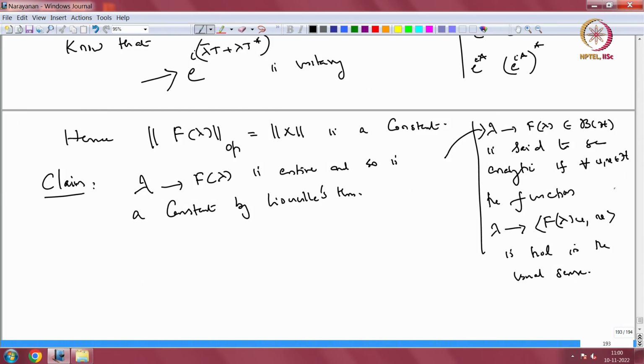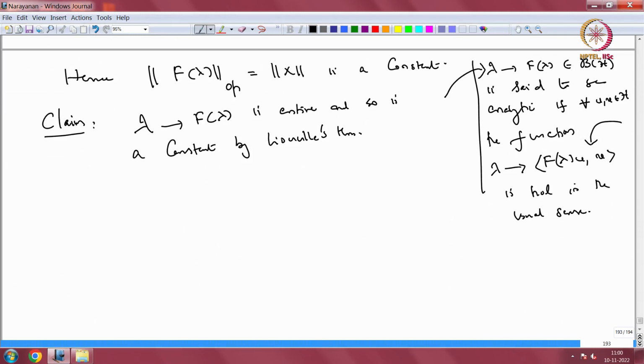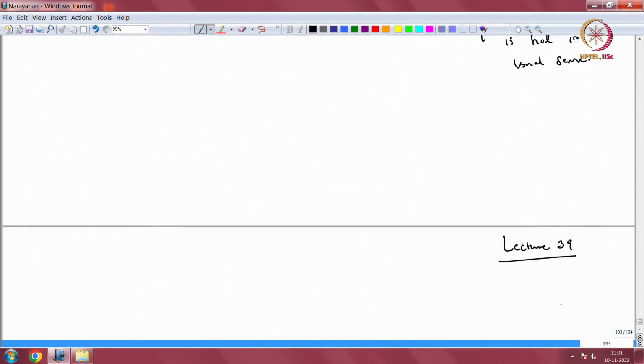You form, for each vectors u and v, lambda going to f lambda acting on u inner product with v, that is holomorphic in the usual sense, right. That is the definition of holomorphicity. In fact, all the definitions you may come up with are generally equivalent if you have a Hilbert space and so on. Okay. So, we will justify the claim.